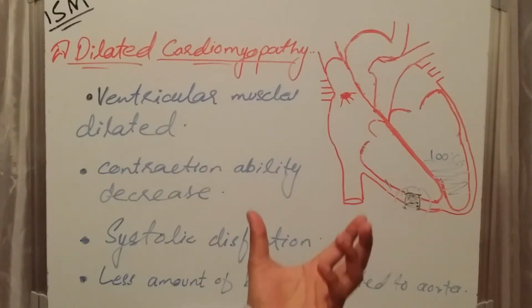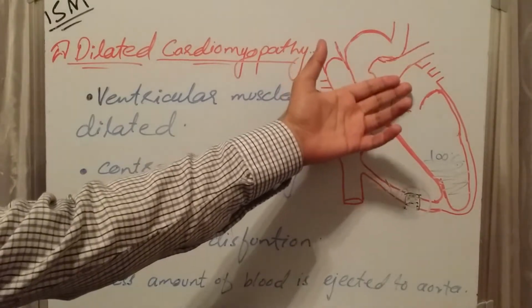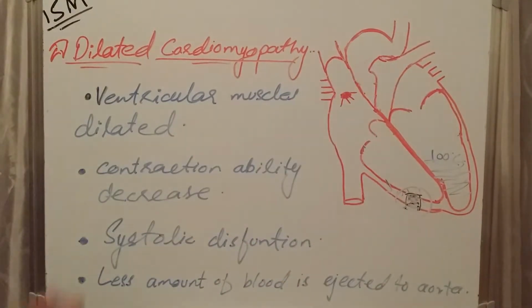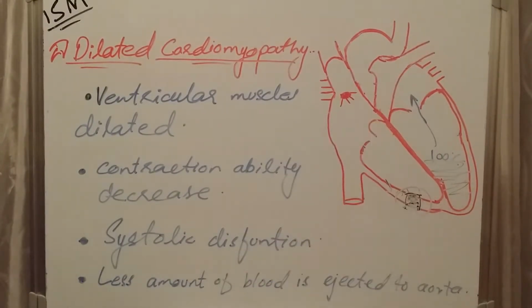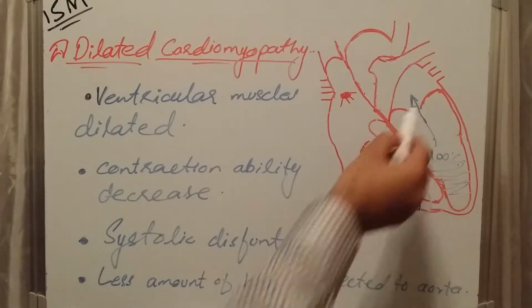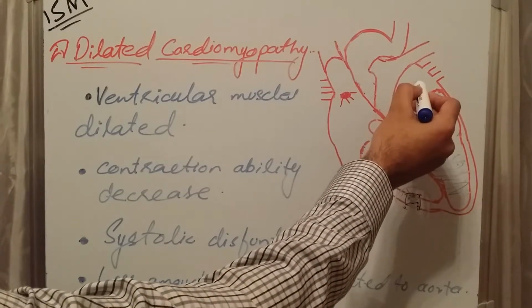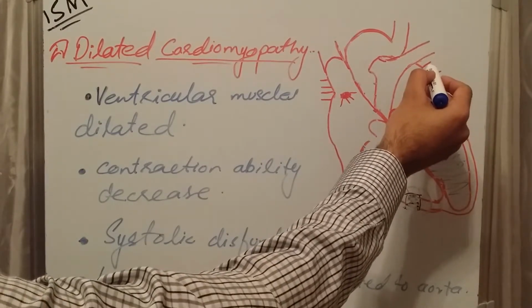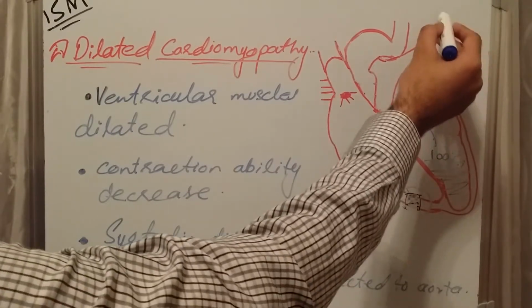This pressure is then shifted to the left atrium, and this left atrium pressure creates a pressure on the pulmonary veins, and the pulmonary veins create a pressure on the fluids coming from the lung.